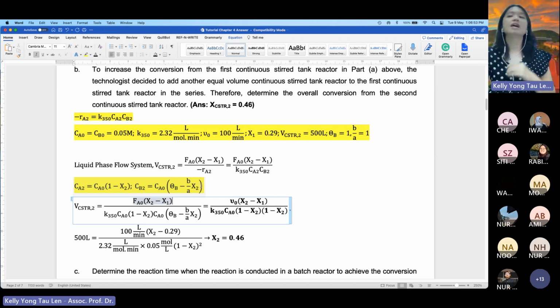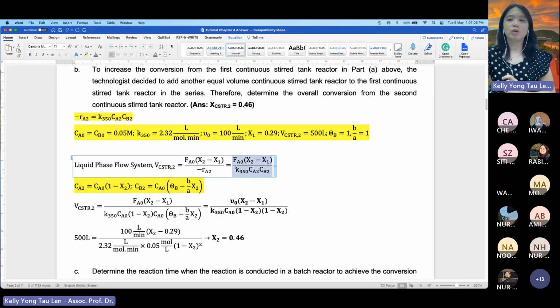So now that saya dah find CA2 and CB2 in the form of CA0 and X2, saya combinekan yang kuning ni, CA2, CB2, with the original equation, this one. So it becomes volume CSTR kedua sama dengan FA0 in bracket X2 minus X1 per K350.